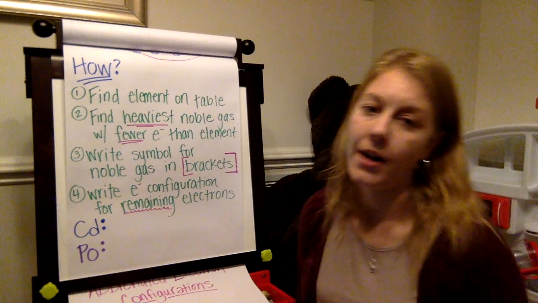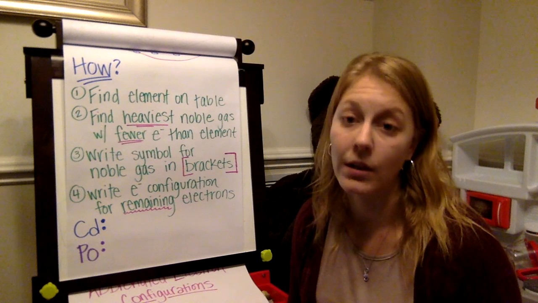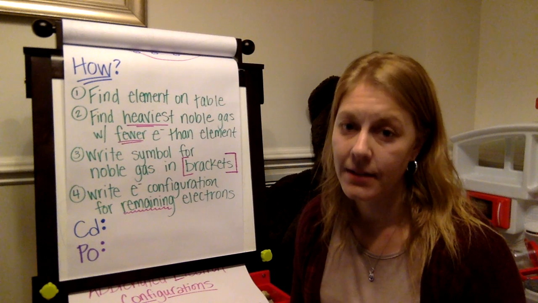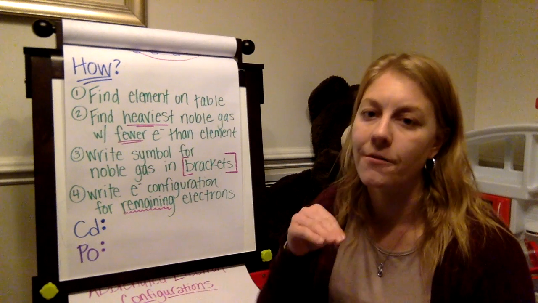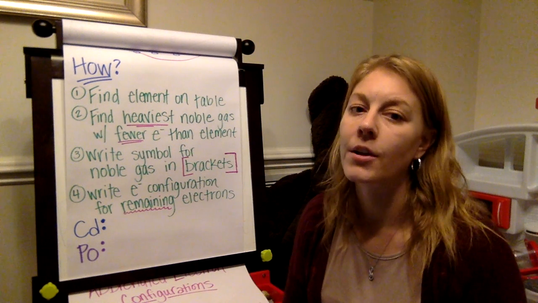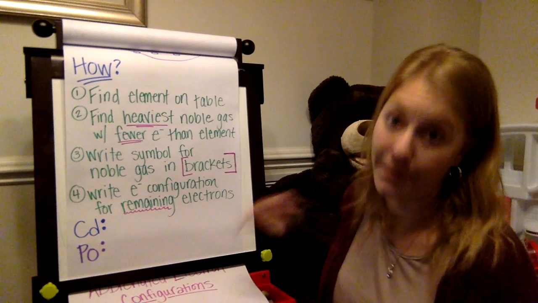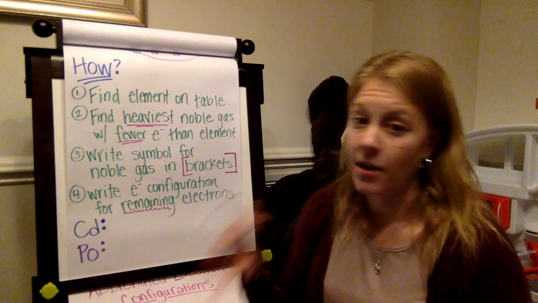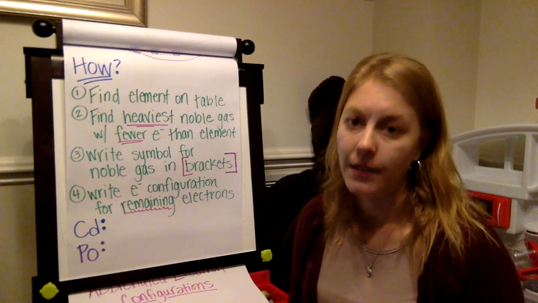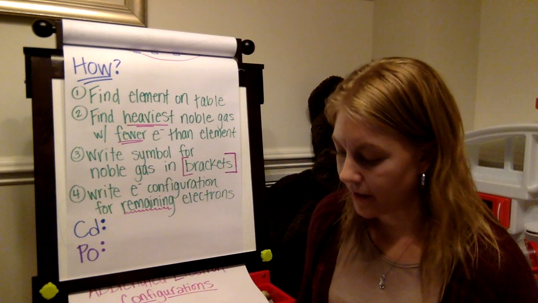Find the element, and then find the heaviest noble gas with fewer electrons than that element, the heaviest noble gas possible that still has fewer electrons. Write the symbol for that noble gas in brackets. And then you will finish off the electron configuration for the remaining electrons. Let's take a look at what that looks like.